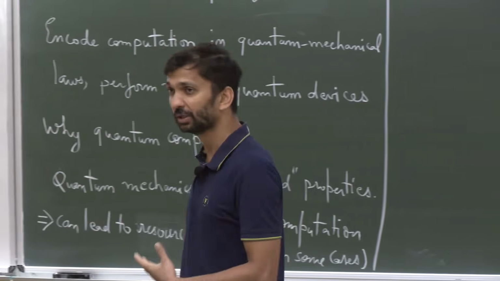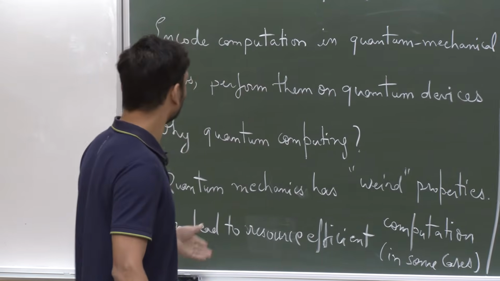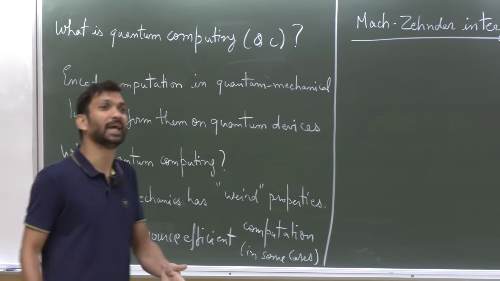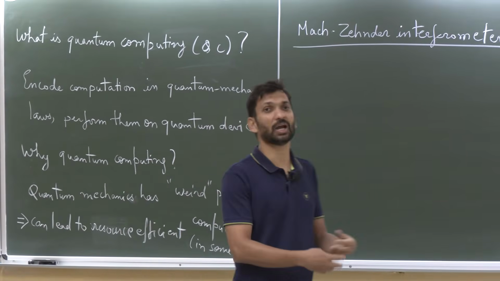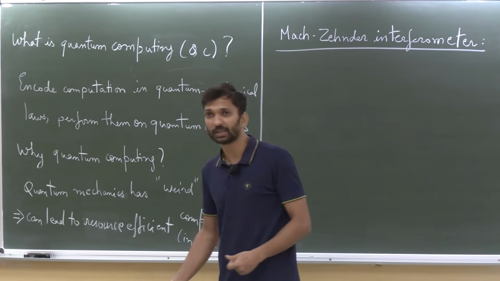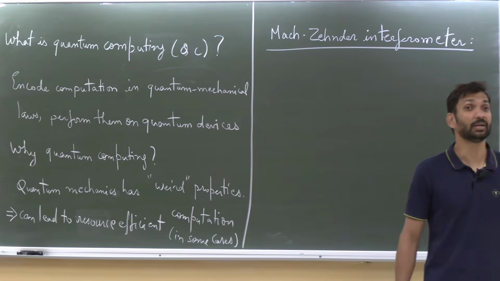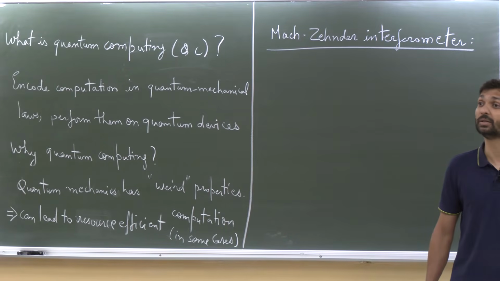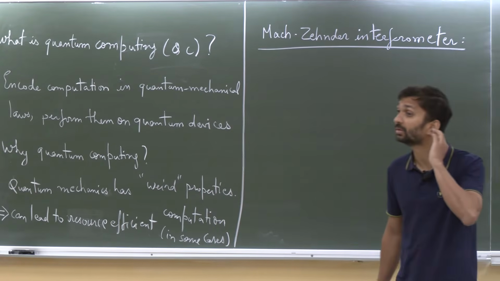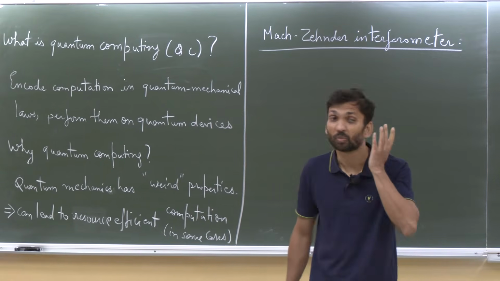Now we want to do it using quantum mechanical principles. Great. But then you can take any possible laws and start doing computation over that. Why quantum? Quantum is a theory of almost everything. And secondly, more importantly, why efficient? Why resource efficient?